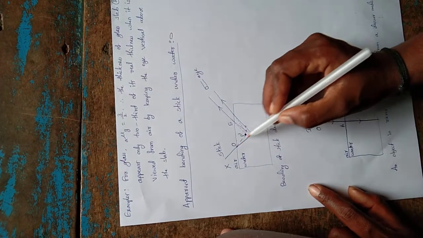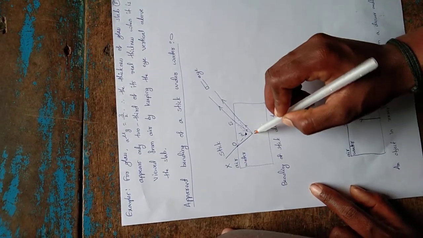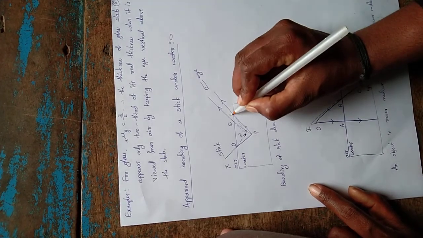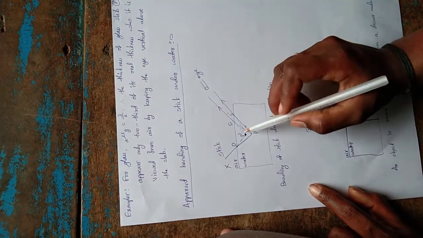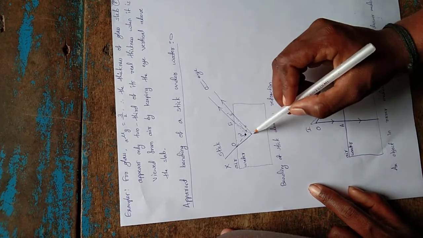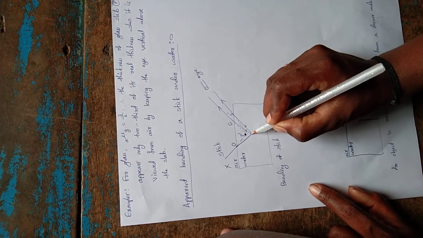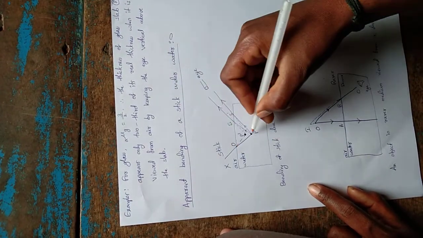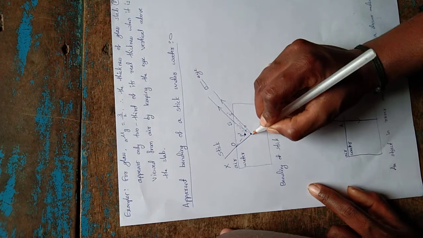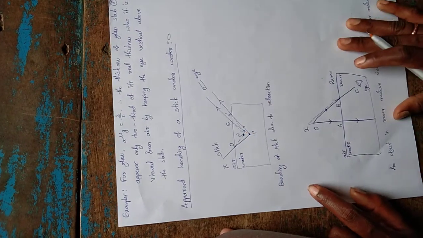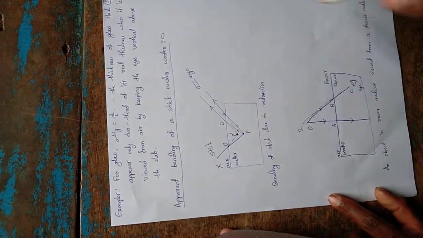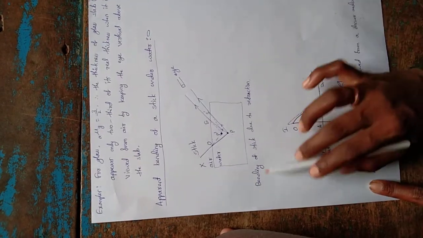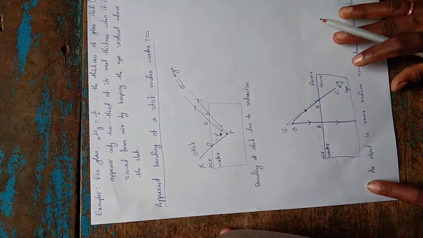So the angle of incidence and the angle of refraction are as shown. Actually, the stick is there at point P. If you view it from the rarer medium into the denser medium, it will appear at this point. That is because of bending of light, refraction of light. Bending of stick due to refraction.